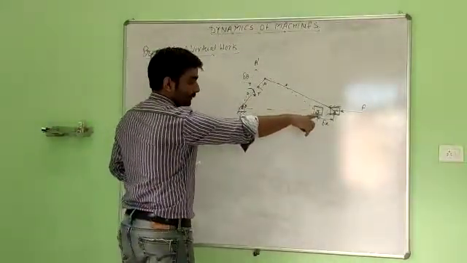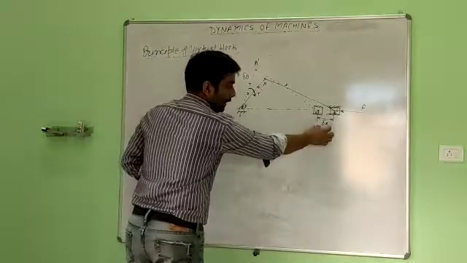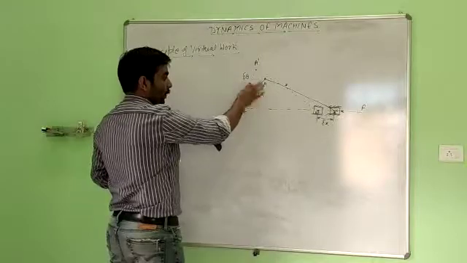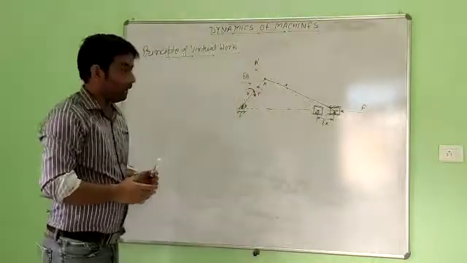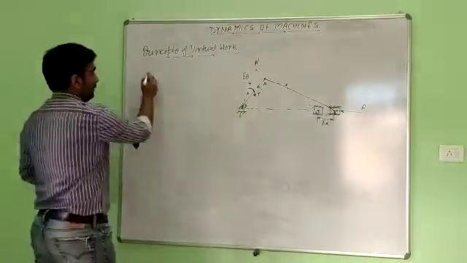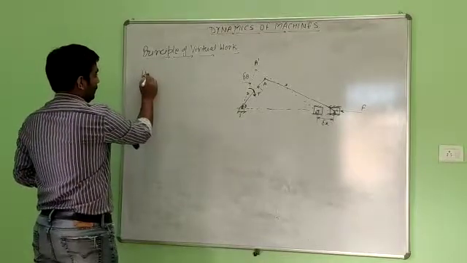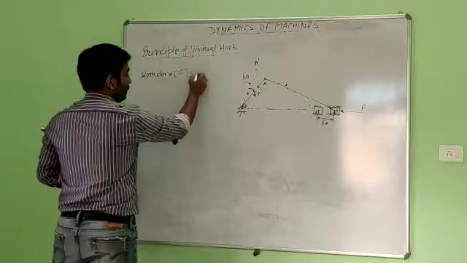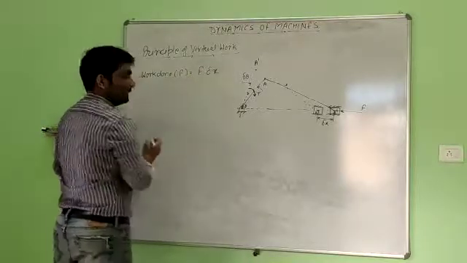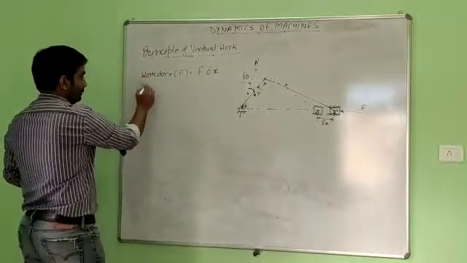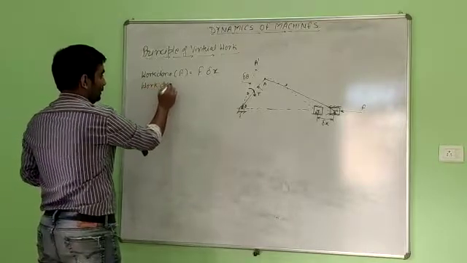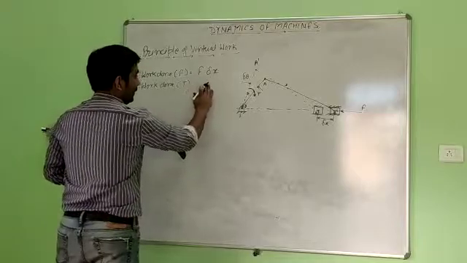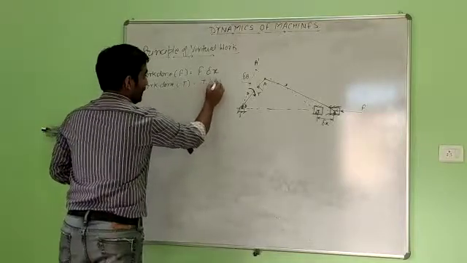Now we have only two forces. One is force F with a displacement along the force, del X. We have torque T, with displacement along the torque, del theta. So work done by force F is equal to F into del X. Work done by torque T is T into del theta.